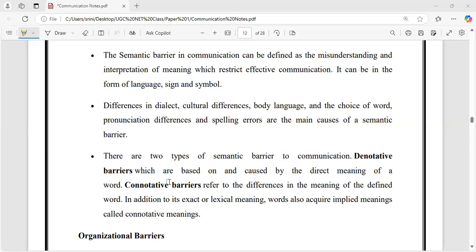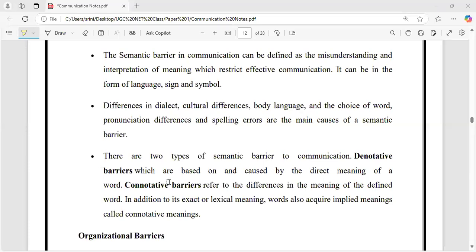So words can be understood differently. For example, terrific. Terrific means good actually, but terrific also implies that it is bad.